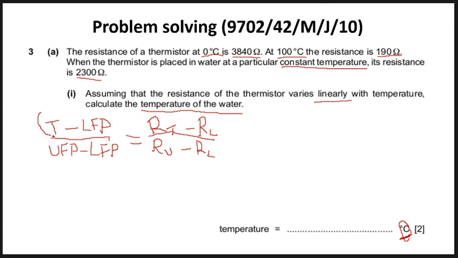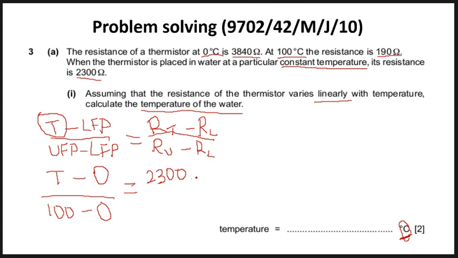So I'm asked to find T. So T minus 0, because the lower fixed point of the centigrade scale is 0 degrees, all over the upper fixed point, that is 100 degrees, minus the lower fixed point again, 0, all equal to RT, the reading at that temperature, which is 2300, minus the reading at the lower fixed point, which is 3840.